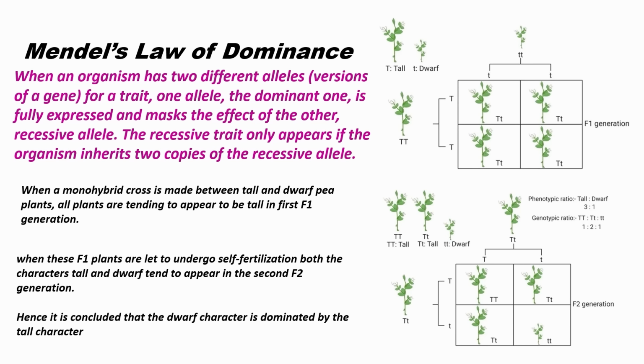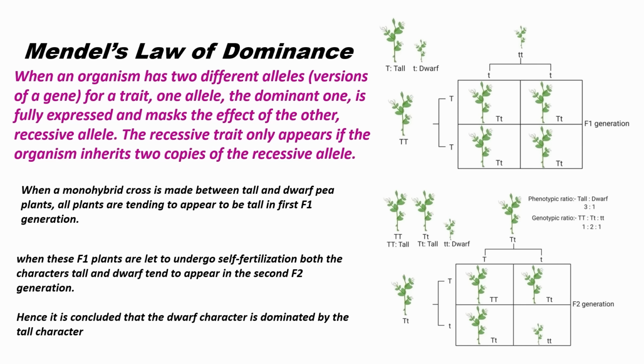This indicates that both the tallness and shortness traits were inherited in the F1 plants, but only the tallness trait was expressed. This led Mendel to propose that two copies of factors controlling traits are present in sexually reproducing organisms. These two may be identical, that is homozygous, or may be different, that is heterozygous.